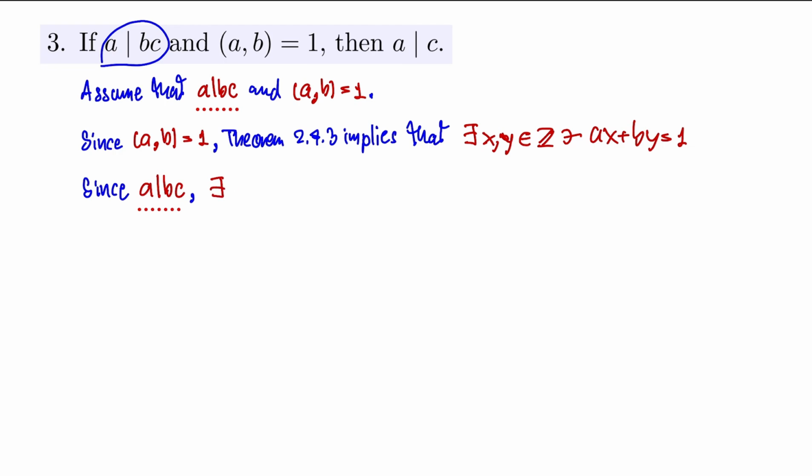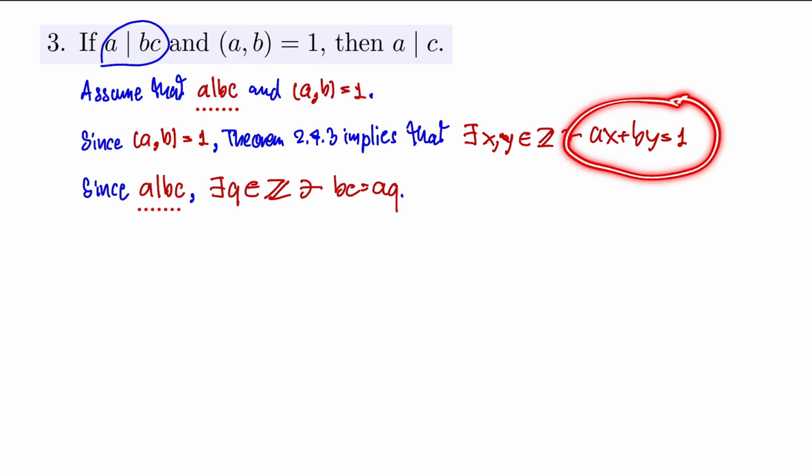So there is an integer q such that bc equals aq, but we want to show that a divides c. So how do we get c? I want to multiply this equation by c on both sides.